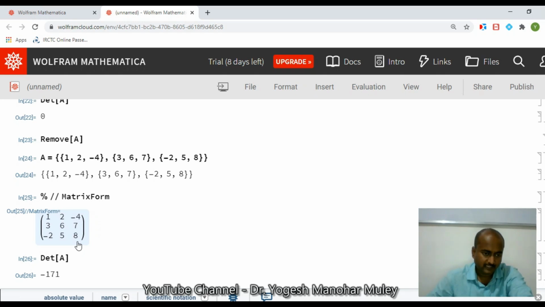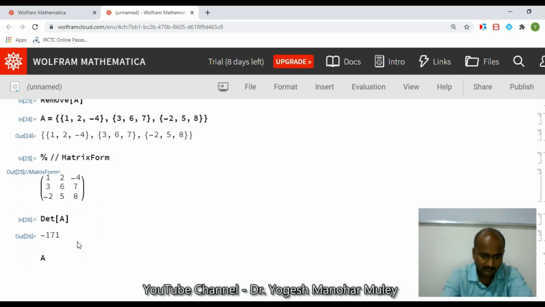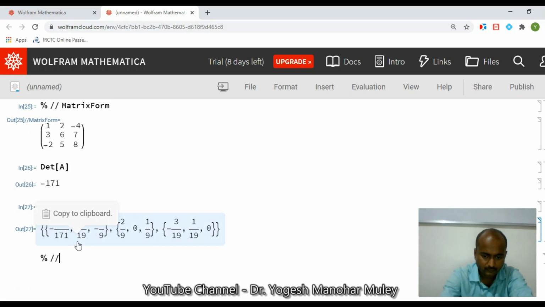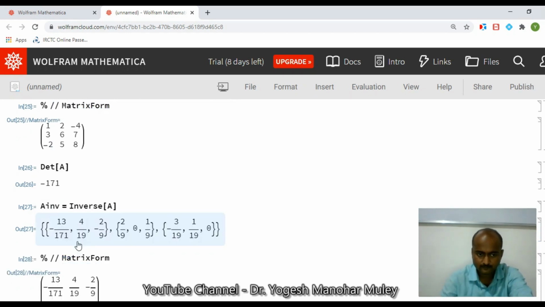Now we can find A inverse for this matrix A. So I will type here AInv is equal to Inverse of capital A. Okay, enter. So this will give us the result. So the matrix form of this will give A inverse.